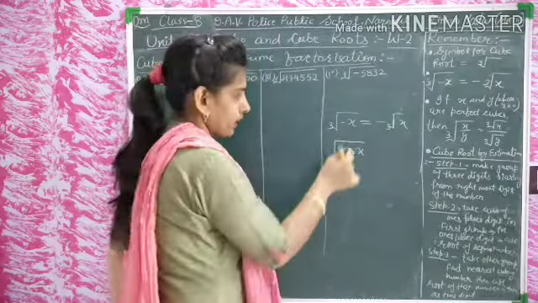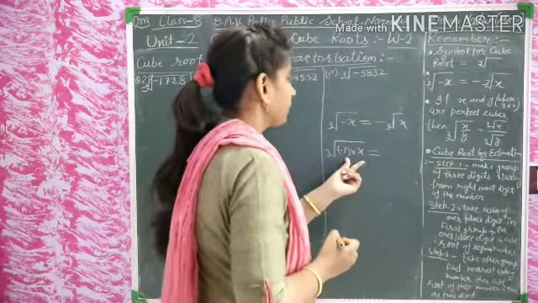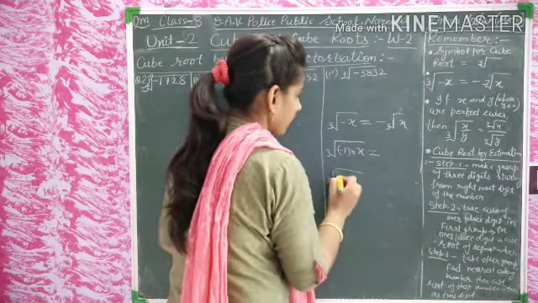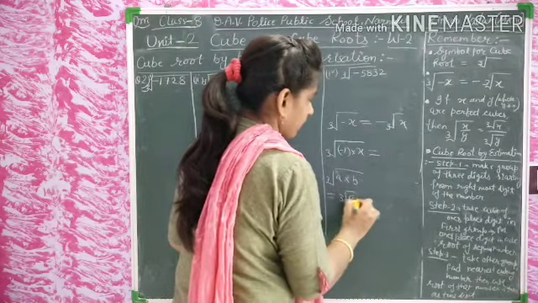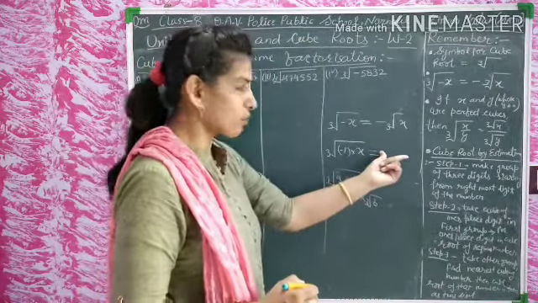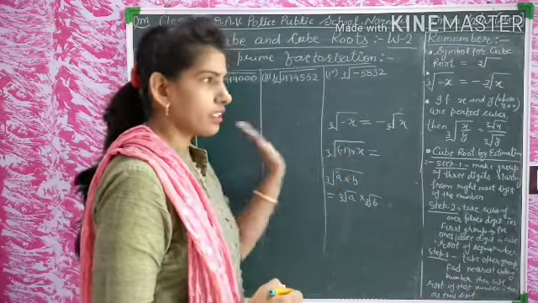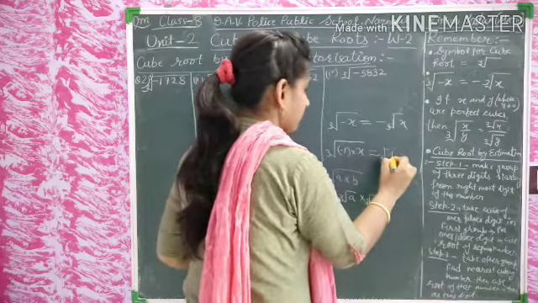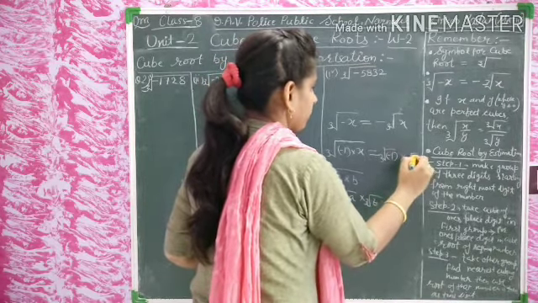Now we take the formula cube root of a into b is equal to cube root of a into cube root of b. So we use this formula, and the cube roots of both numbers are separated. So this is the cube root of minus 1 into cube root of x.